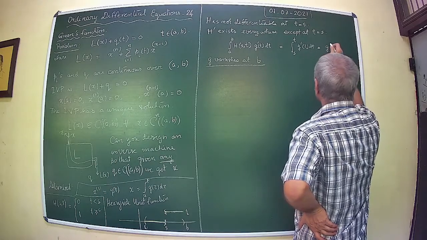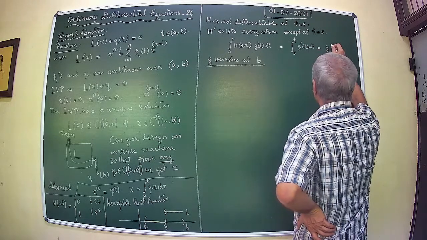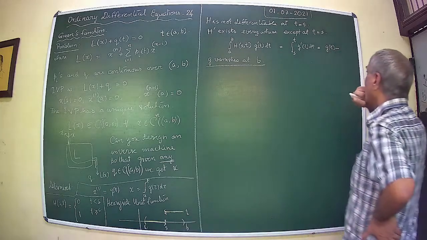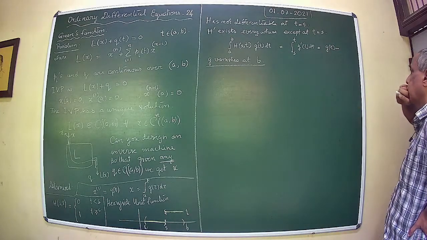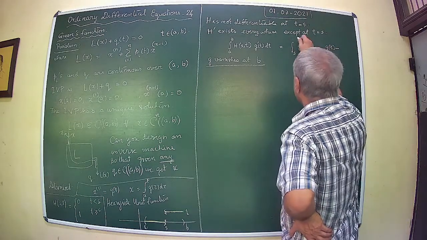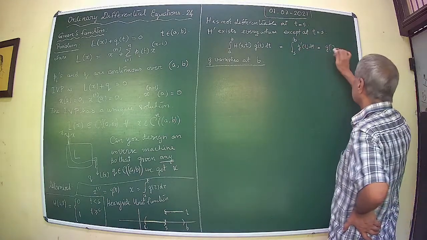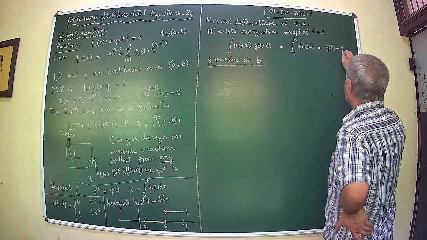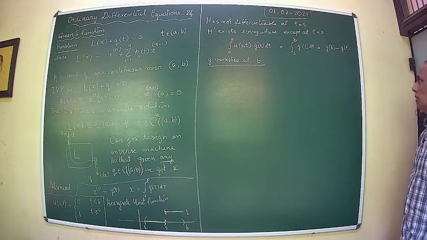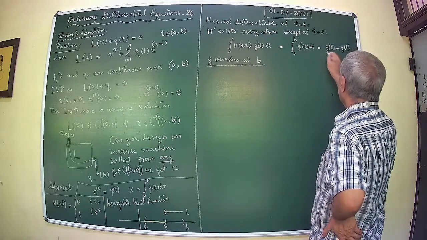This is g(b) minus g(t). And g(b) is of course a constant.